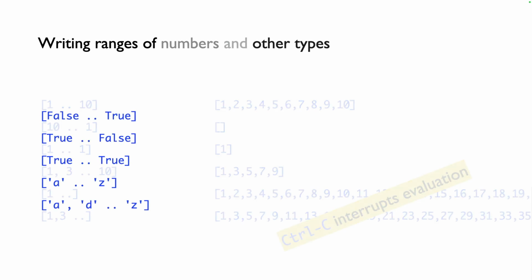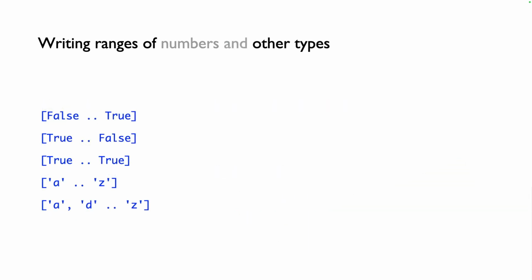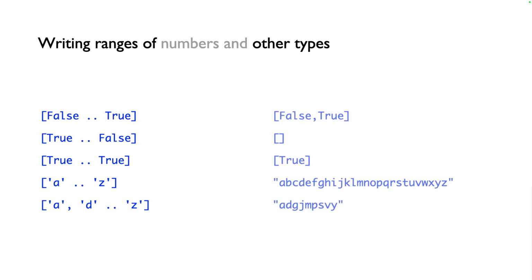And in fact, it's not confined to numbers. We can do it for other types as well. We can go from False up to True. We get False and True. We can go from True up to False. Well, there's nothing there because True is bigger than False. We can go from True to True. We just get the list with just one element, namely True.